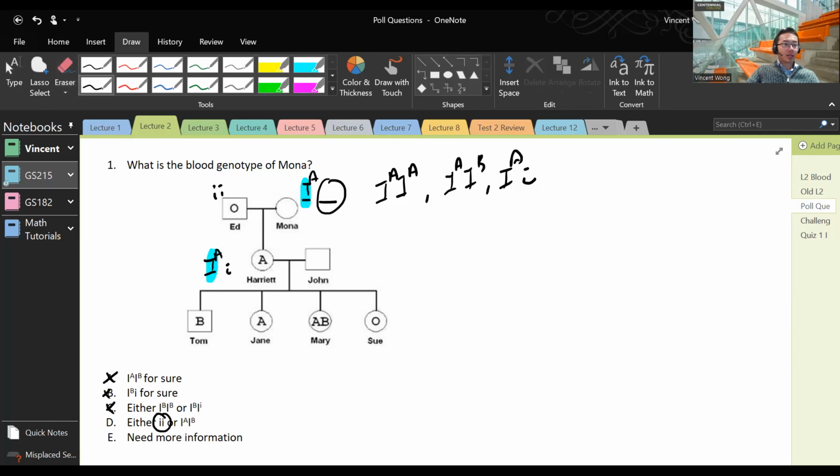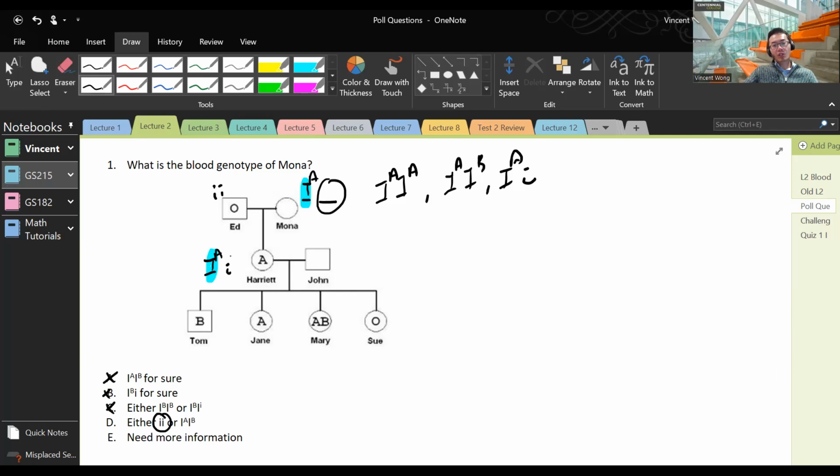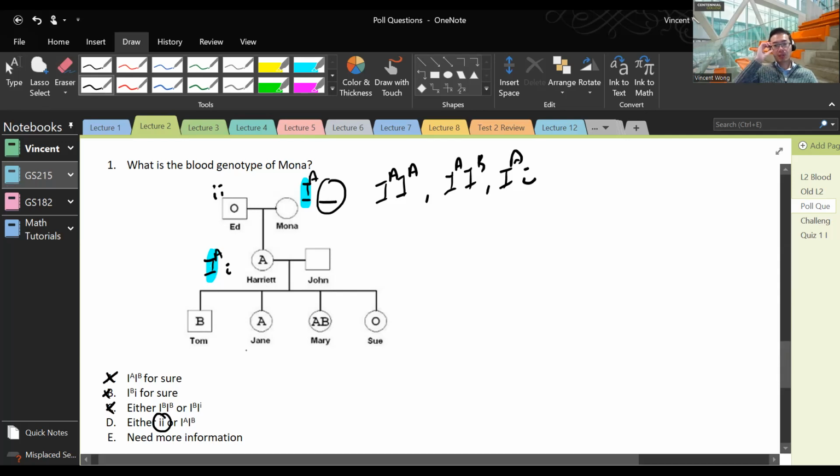Definitely not little i, right? If both of them are little i, then Harriet is going to be little i as well. Remember the 4 things you have to remember? The 4th one is that if both parents are Rh negative, then all the kids would have to be negative as well, right? So it's not that. The correct answer is need more information.